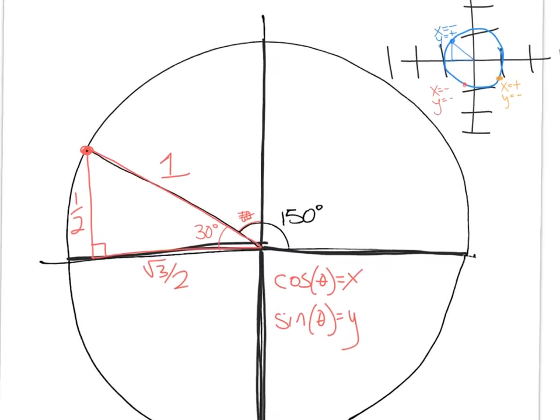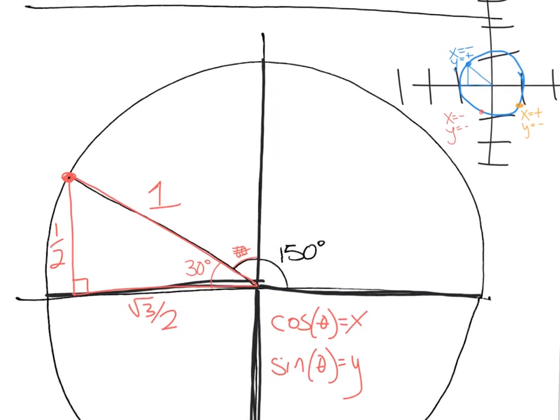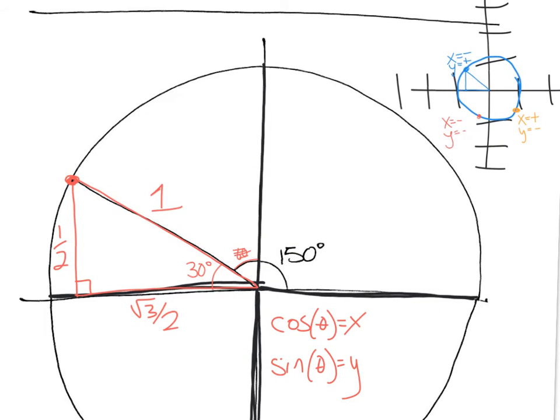So when we look back here, we got all our information on screen, kind of. Looks to me like our x-coordinate is negative root 3 over 2. So, yep, you guessed it, cosine of 150 degrees is negative root 3 over 2. Check your calculator, it's going to agree.